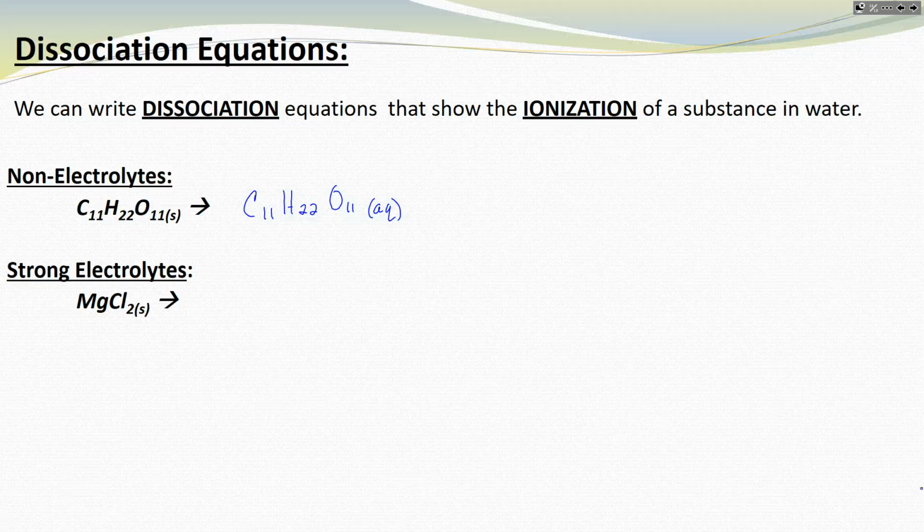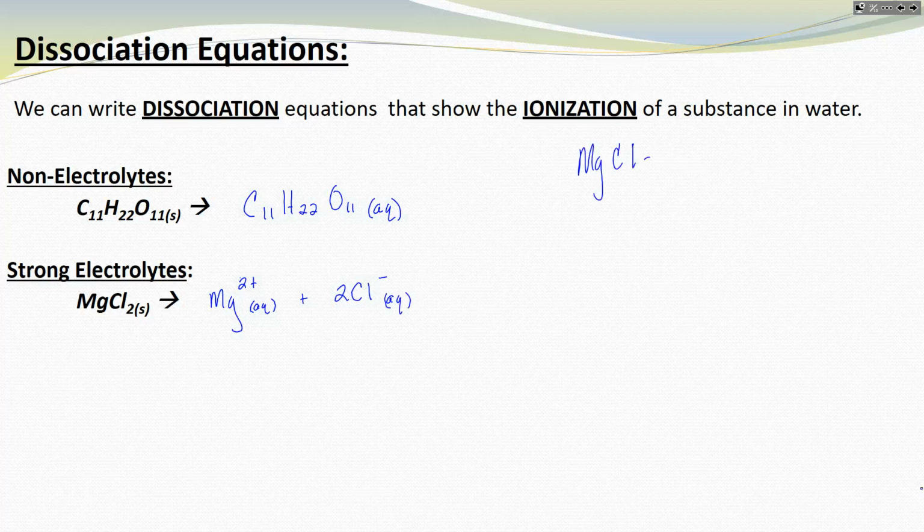Now, if we have a strong electrolyte, MgCl2 is going to dissociate into magnesium and chloride ions. So magnesium ion, which is Mg2+ aqueous, and it's going to make two chlorides. Notice I'm not writing Cl2, because if you think of MgCl2, when I break this apart, it's going to make an Mg2+ and a Cl- and a Cl-.